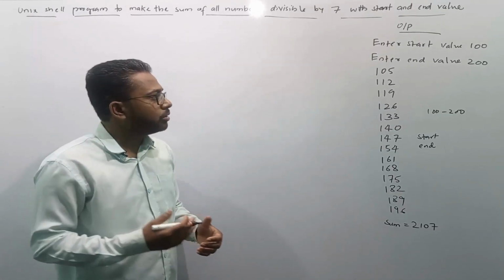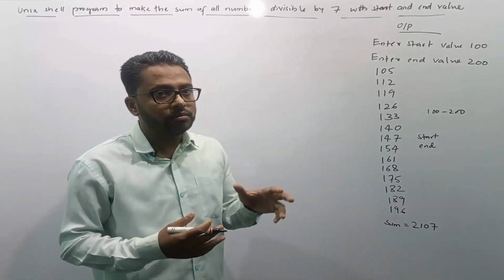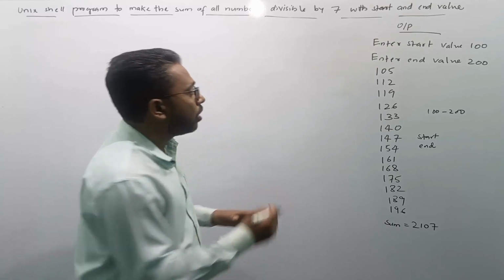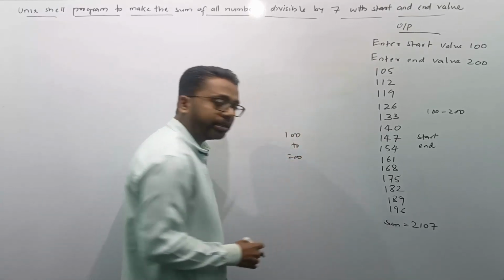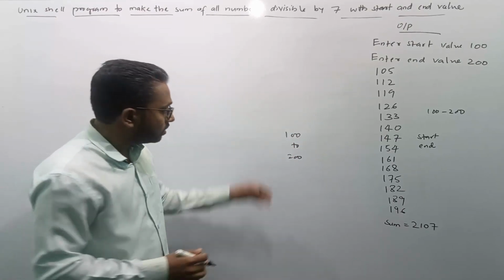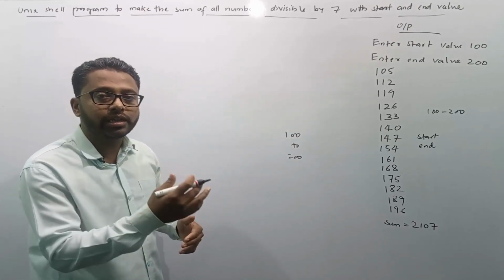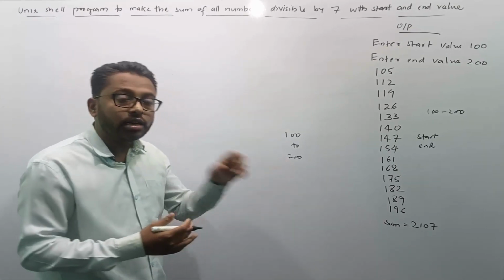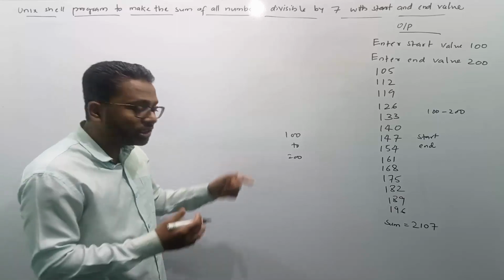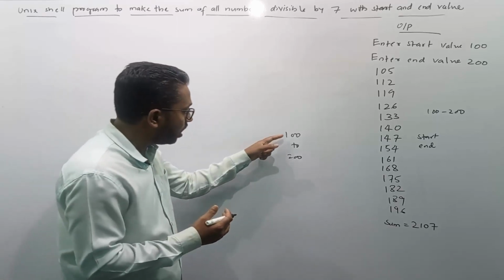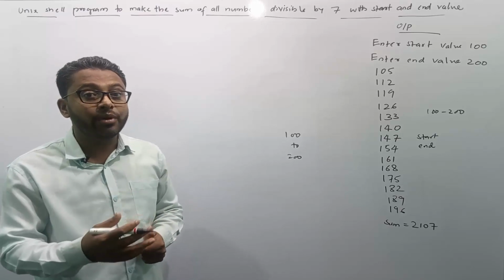Now you can see we are checking each and every number from 100 to 200. Starting from 100, then we will move on to 101, then 102, 103, till 200. We are checking whether each and every number starting from 100 to 200 is divisible by 7 or not.